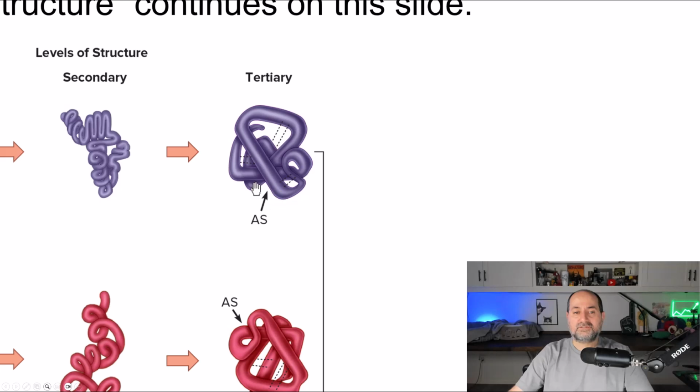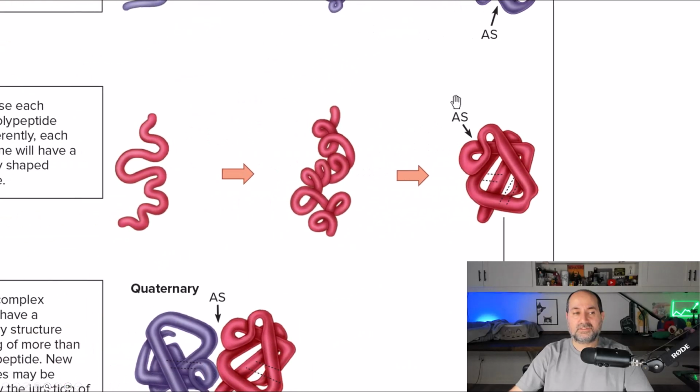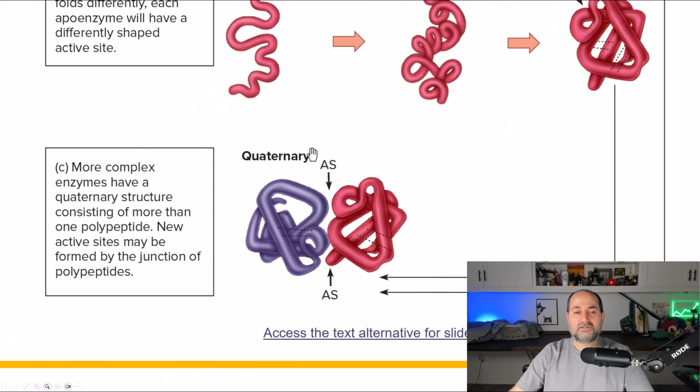And it's a perfectly folded three-dimensional site which accommodates whatever the enzyme breaks down. So whatever the enzyme breaks down fits into this active site, and then it gets broken down, and then products are released. Okay. And if you have a quaternary structure, by the way, a quaternary structure is when two or more proteins work together as a unit.